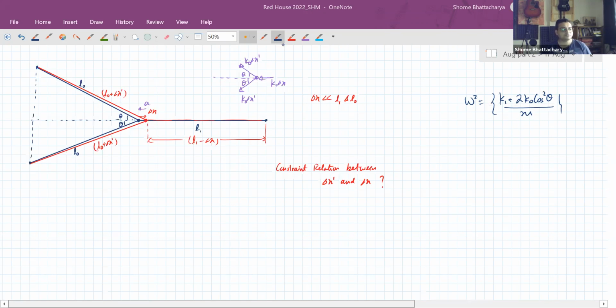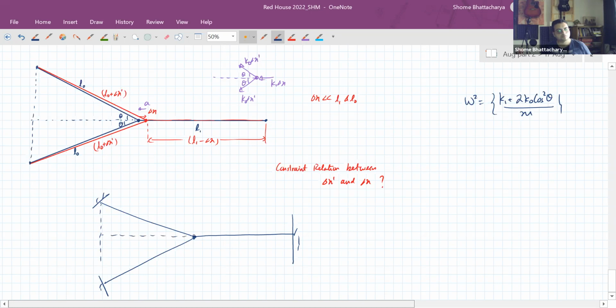Now to develop this constraint, we have a couple of methods. One method is that I'm just drawing a rough diagram again here. In this diagram, we take this distance as x. So when it goes here, this changes by delta x.